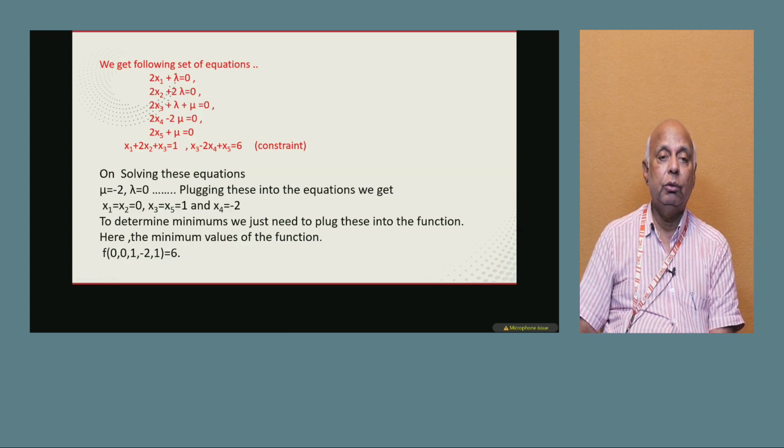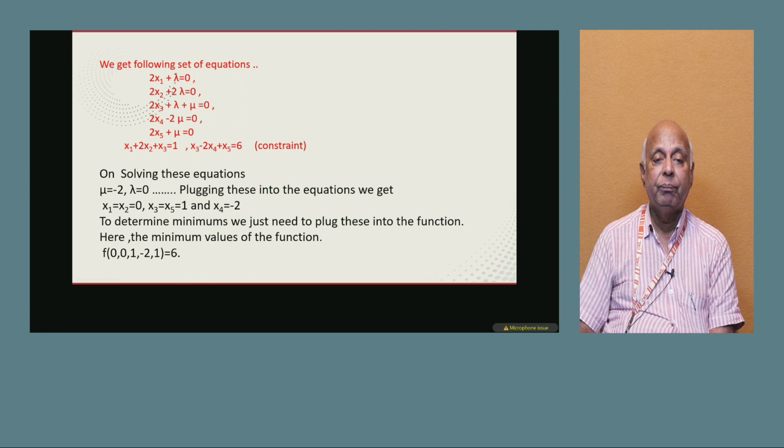Now what we get finally is 2x1 plus lambda is 0, 2x2 plus 2 lambda is 0, and so on. Ultimately, we have the 2 conditions, x1 plus 2x2 plus x3 equal to 1, and the second condition is x3 minus 2x4 plus x5 equal to 6.